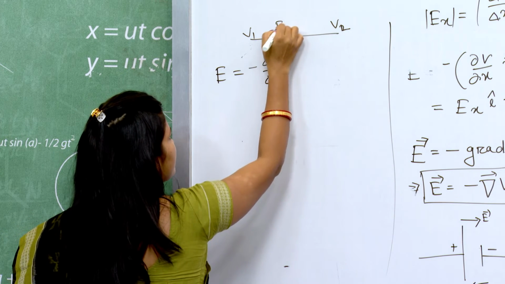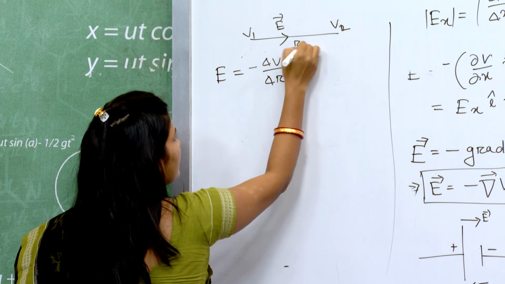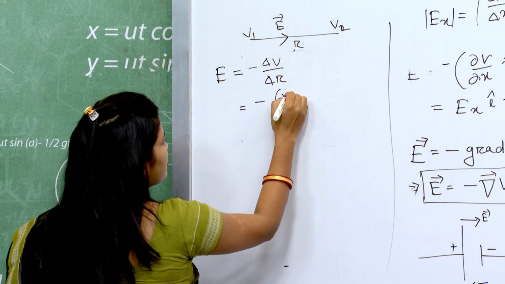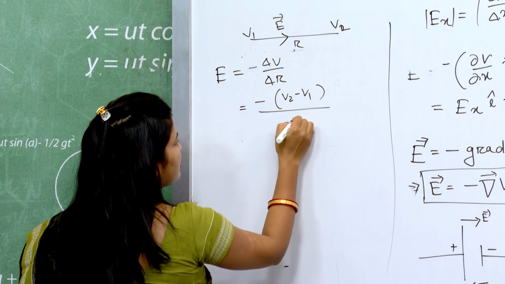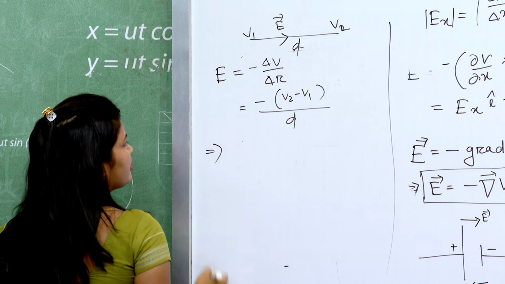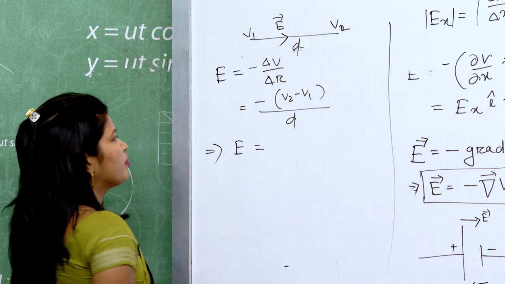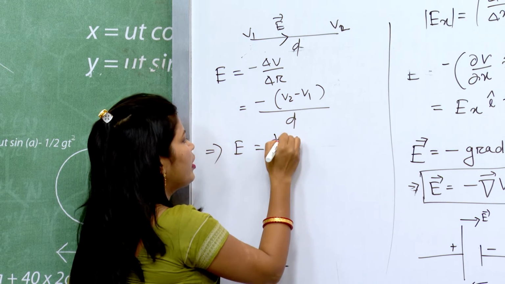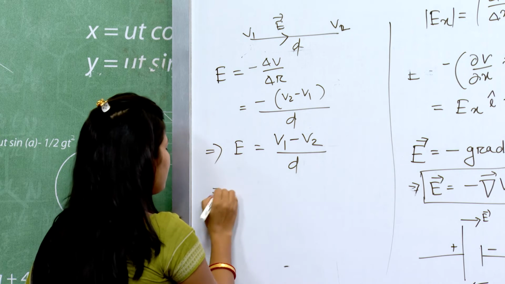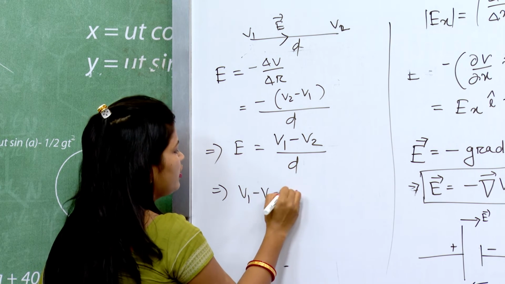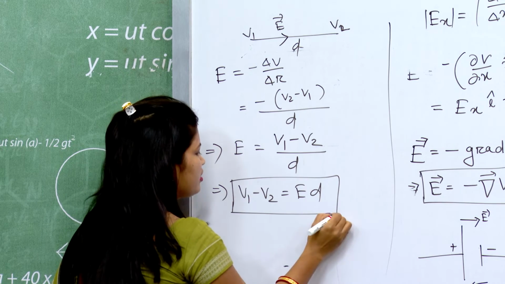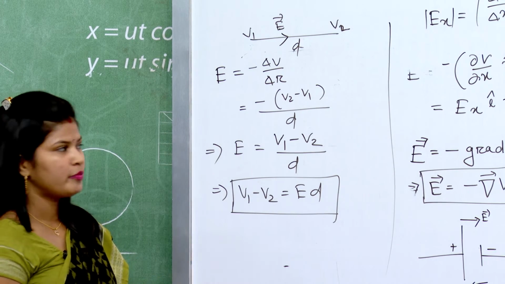Here the electric field direction is like this and distance is r. So, the change in potential del V is V2 minus V1 and distance is suppose d. So, I can write here E is equal to V1 minus V2 upon d. So, V1 minus V2 is equal to E into d. This is the case in the uniform electric field.